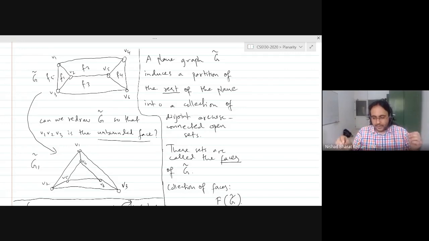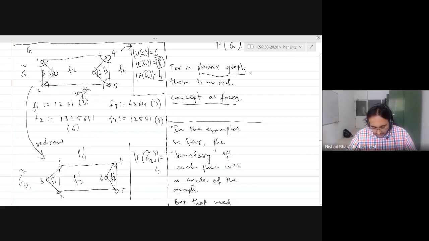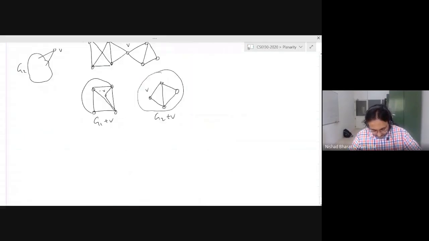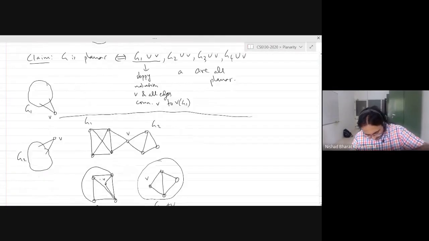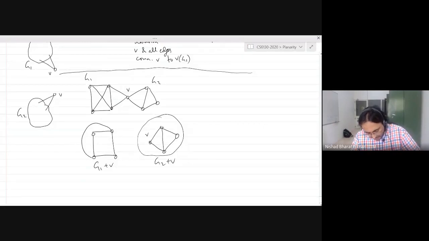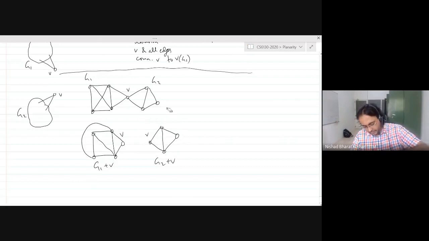So you can always put the vertex V, the cut vertex, on the outer face. And if you put it on the outer face for both the embeddings, then you can just combine the two embeddings as we did in the previous case. Maybe that is actually an easier way to see it. For each of the embeddings, you just put the vertex V on the outer face, and then you just combine them, because if they are both on the outer face, then it is very clear that you can combine them.